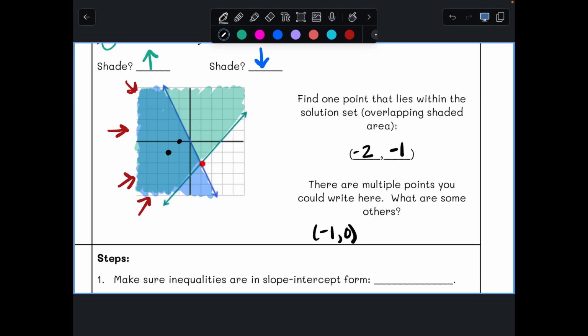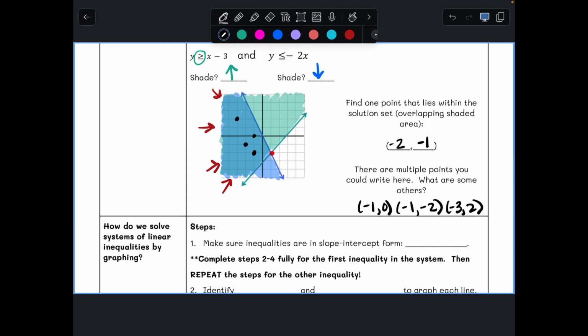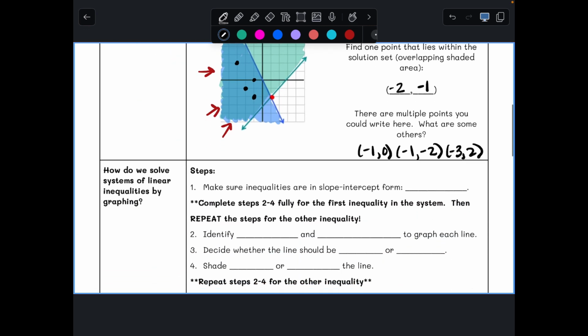We could pick negative 1, negative 2, which is this one. We could pick negative 3, 2, which is here. So any of those points is a solution within the solution set. When we ask you to list a point, I'm just making sure that you know where the double shaded area is, the overlapping shaded area.